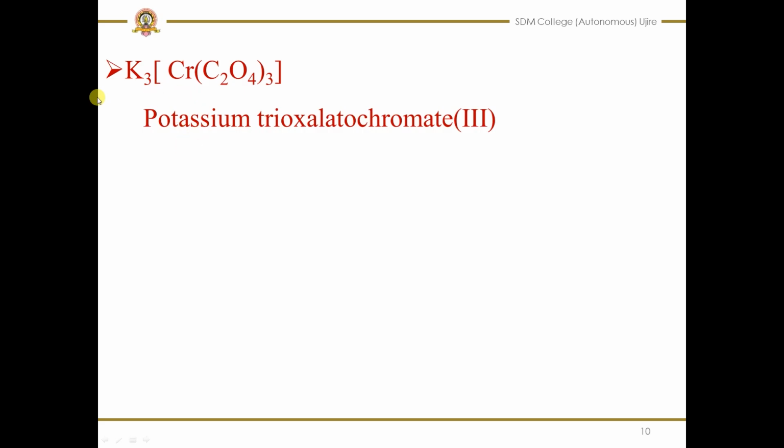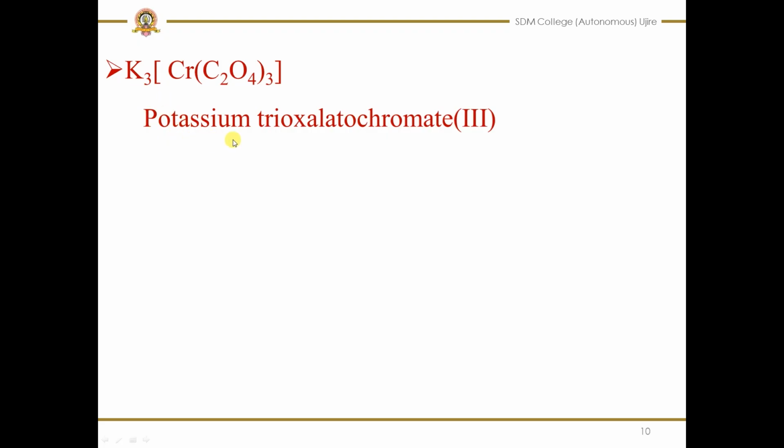In this complex, K+ is the cationic part, that is the ionization sphere, and [Cr(C2O4)3]3- is the anionic part, that is the complex anion. So, according to the rule, we should write the name of the cation first. So we write the name of K+ first, that is potassium.